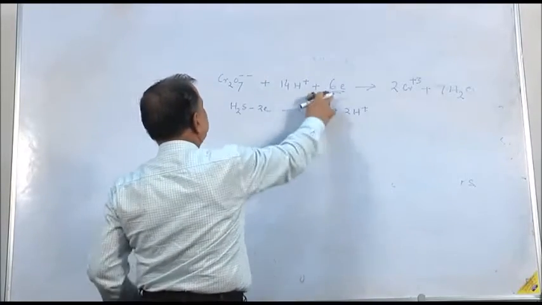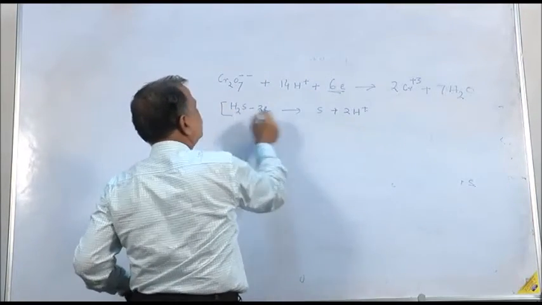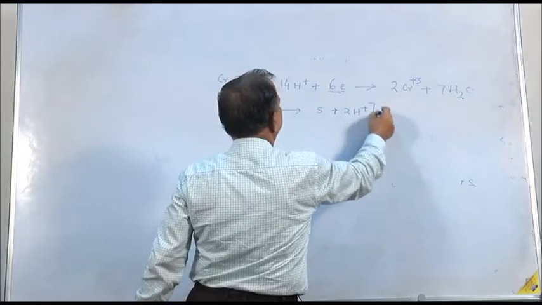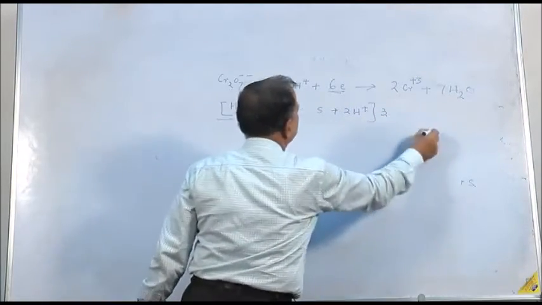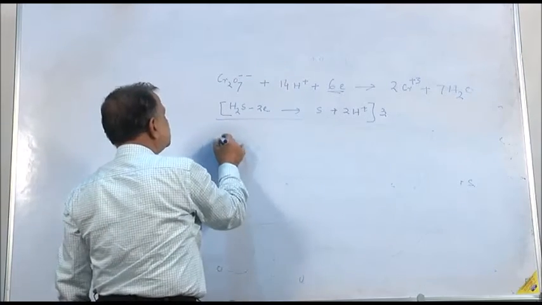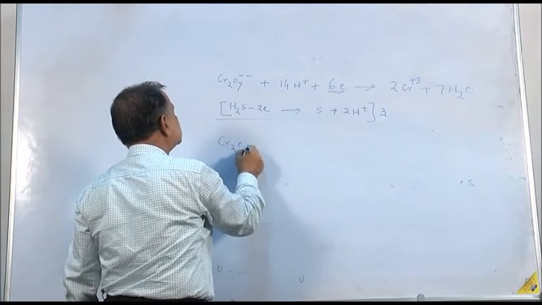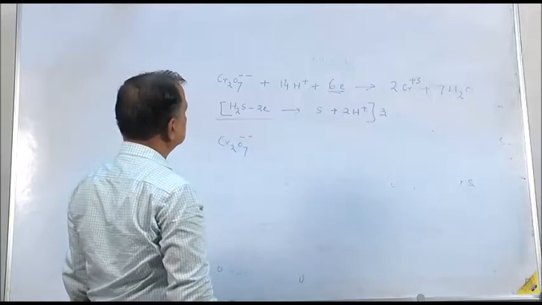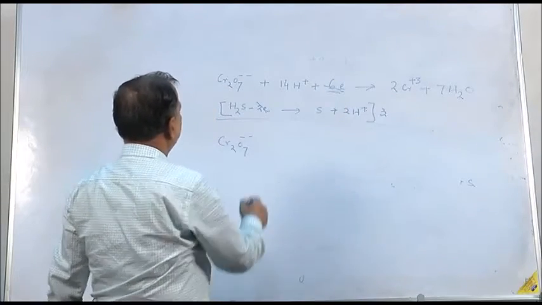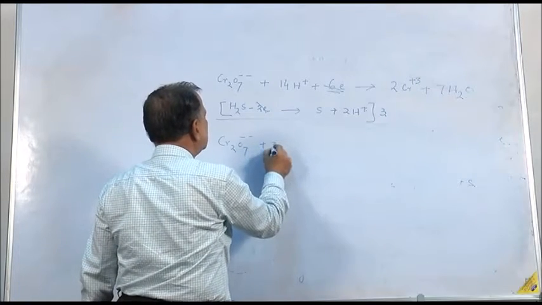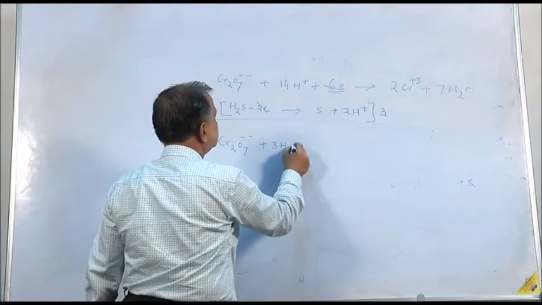Your 2e, your 6e, multiply this by 3. Total will be Cr2O7 2- plus 3H2S, the 6e cancelled.